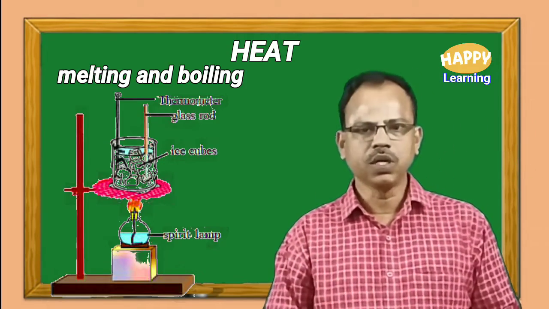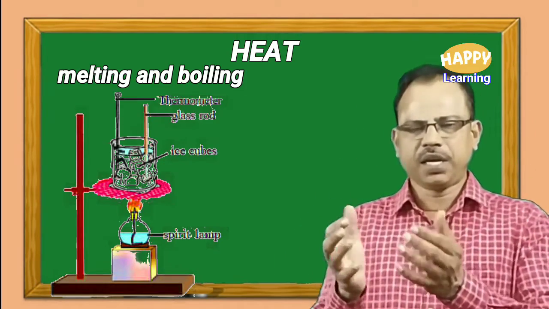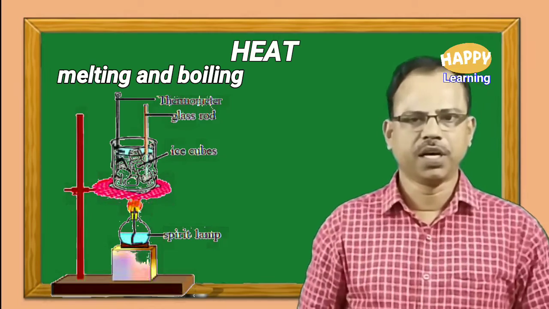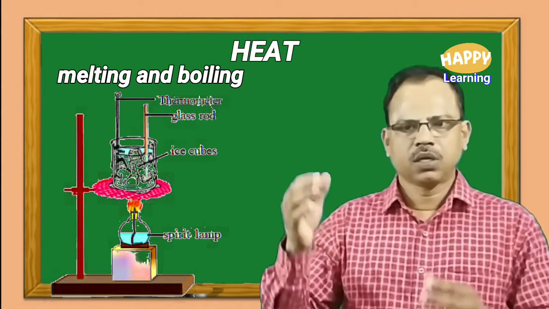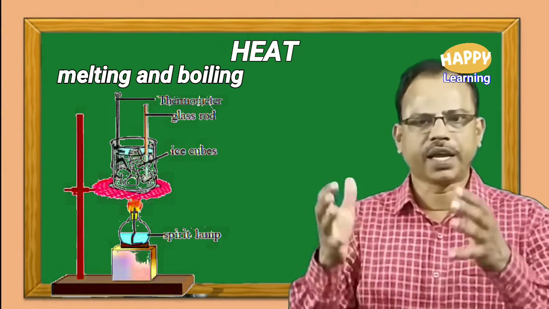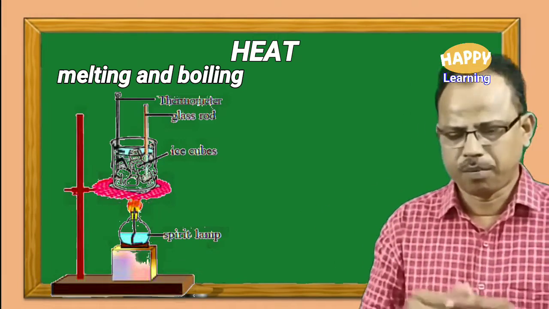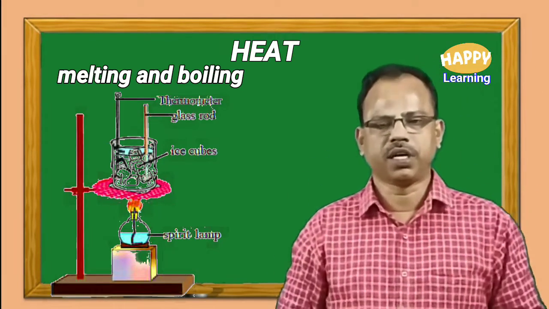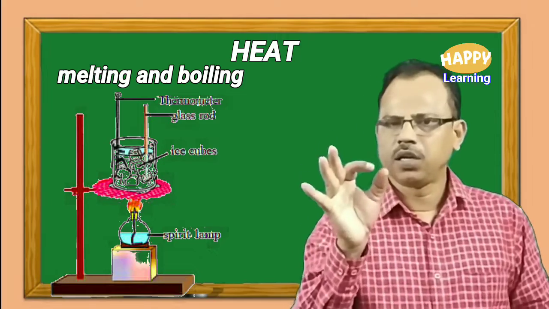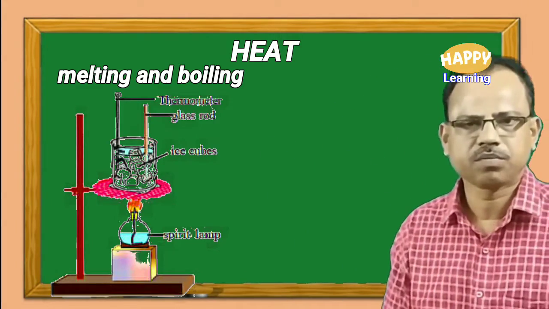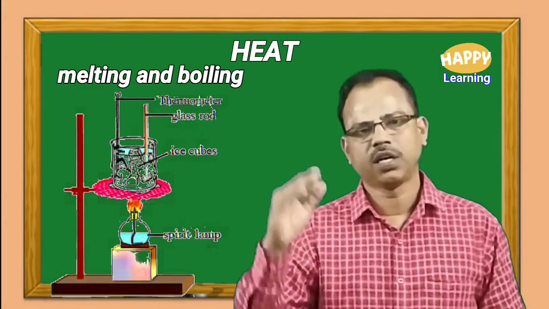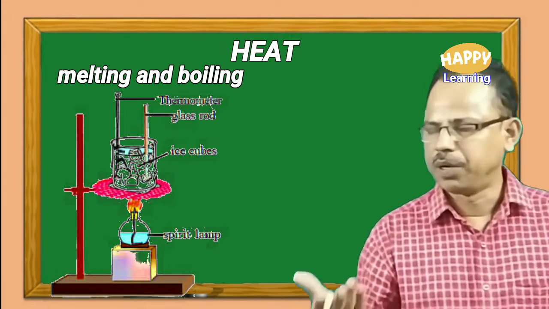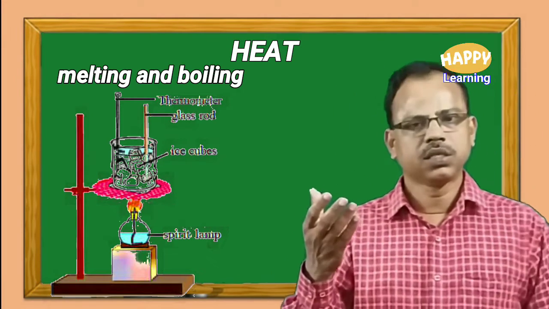Okay. So this beaker with ice cubes and a thermometer is now taken and placed on a tripod stand. Initially, note down the temperature of the ice. It may be 0 degrees Celsius.